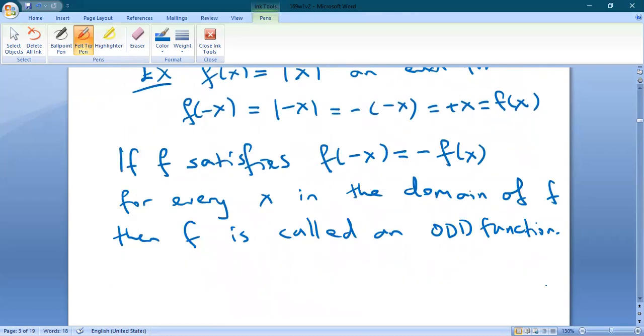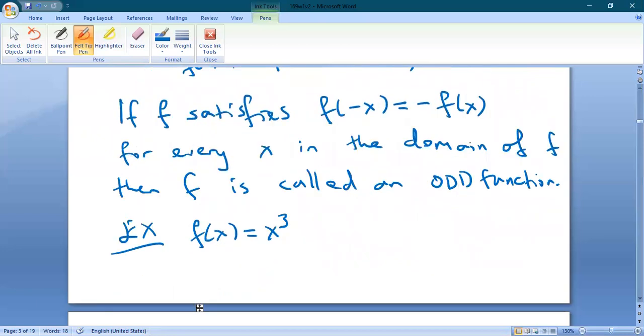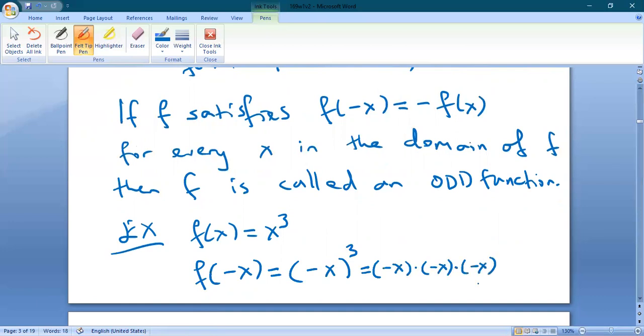A very quick example: if we take the function x cubed and look at f of minus x, the function will take its cube, which is minus x times minus x times minus x, three times. And that's going to give what? Well, x times x times x is x cubed. Minus times minus is plus, but another minus will be minus. So minus x cubed. But that's minus f of x, right? So this is an odd function.